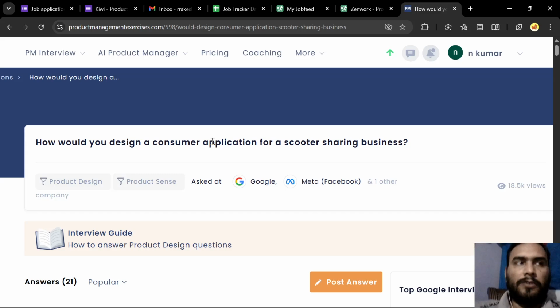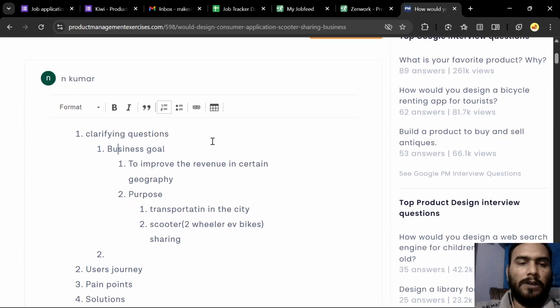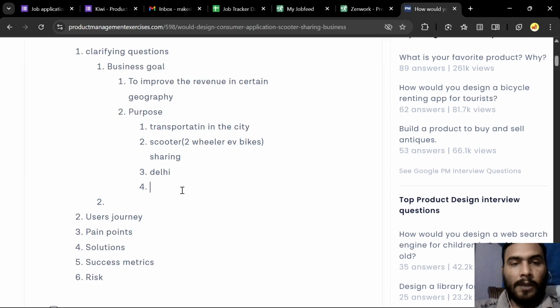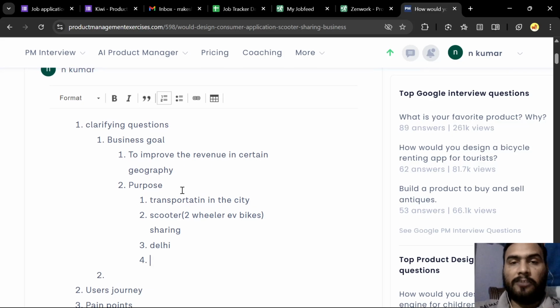We are talking about the geography of India, and we found that in the public transportation that we have, let's choose a city also that would be more comfortable. I'm talking about, let's say, Delhi as a city, and we found that public transportation is overcapacity.